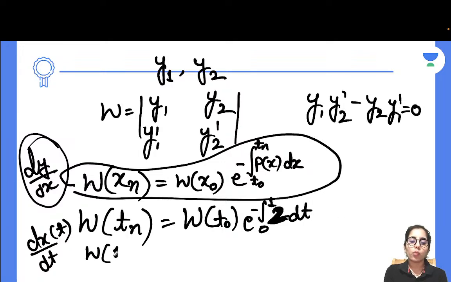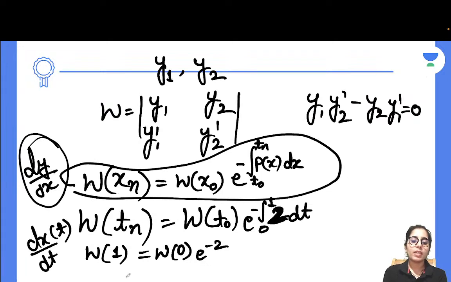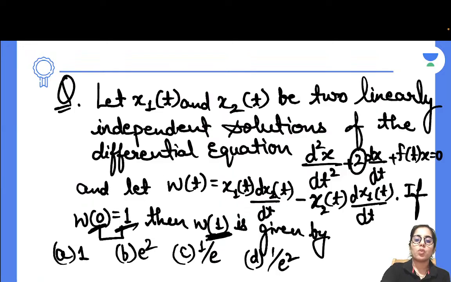So W at 1 you want to find, W at 0 is given to you, and e to the power negative this will give you e to the power negative 2 simply, right? And what is W(0)? That's 1. So W(1) will be e to the power negative 2. That's it. This is your answer. And this is 1 over e square. Hence option D is the correct one.